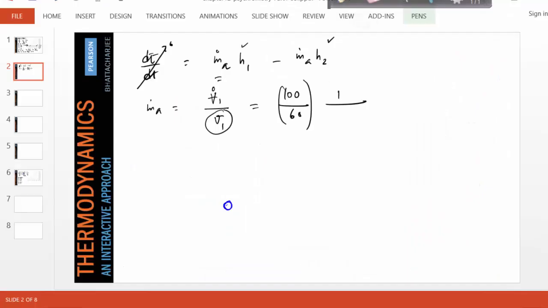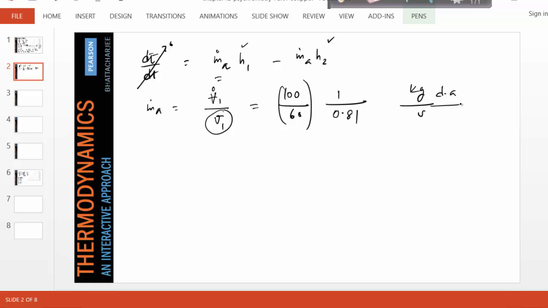So if I just approximately take this value to be 0.81, what we end up with, 0.81, so many kg per second, so many kg of dry air per second.